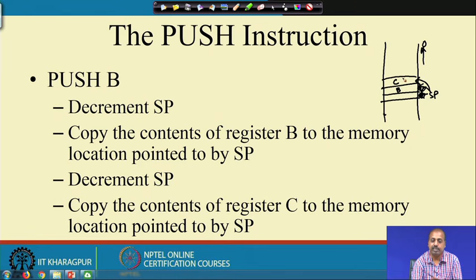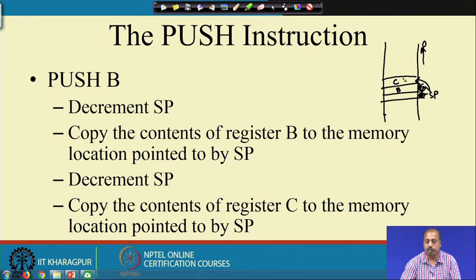Out of this BC register pair, C is the lower order register and B is the higher order register. So, the lower order register has gone to the lower order memory address, and the higher order register has gone to the higher order memory location. Okay. So, this is always true.